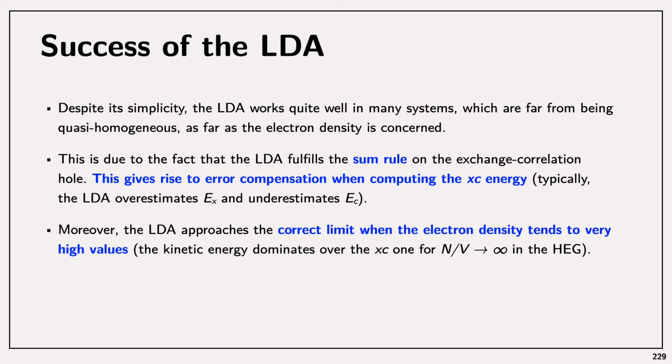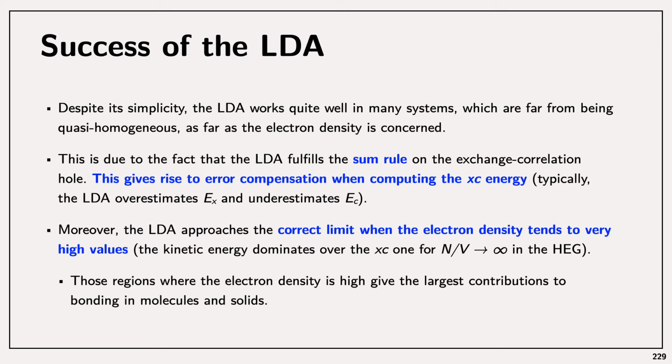So even if the exchange correlation is not very good, the kinetic energy being so much bigger, then of course we have a good description in that case. So for the very high value of the density. So that's also why LDA is good, because of course what is of interest when you look at a solid or a molecule is the bonding, and the bonding corresponds to those areas of high density.